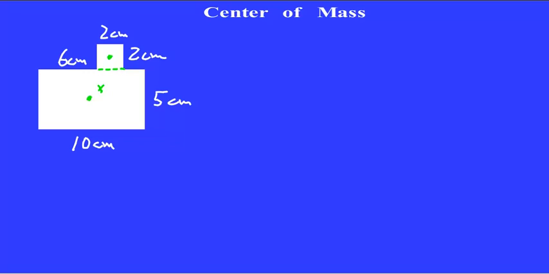So I guess we should draw in a coordinate system. We're going to assume the bottom left of the rectangle to be the origin, right there. We'll call that 0, 0.